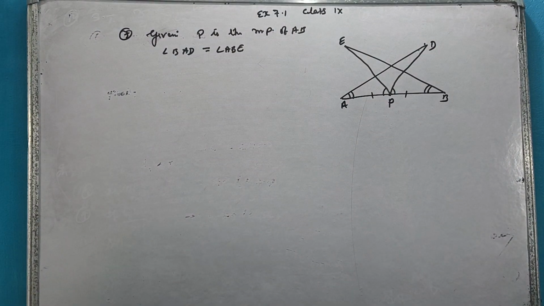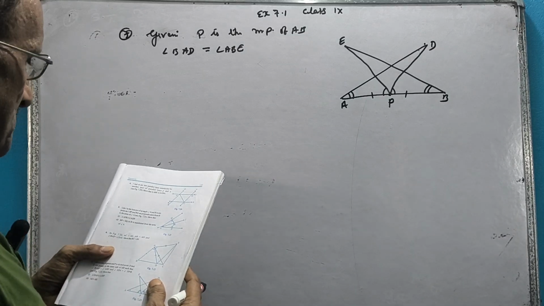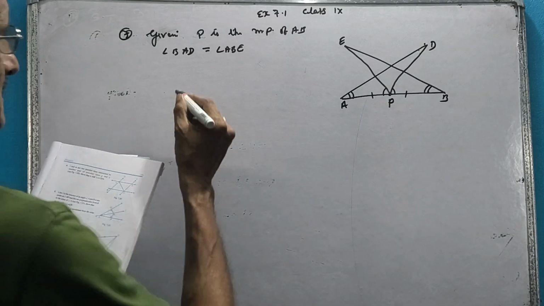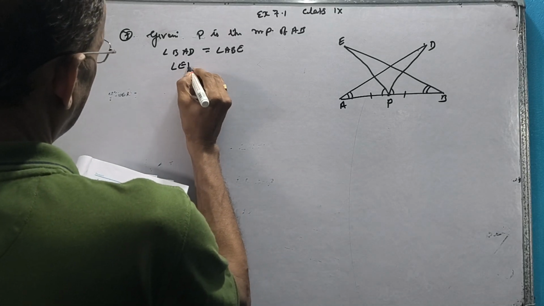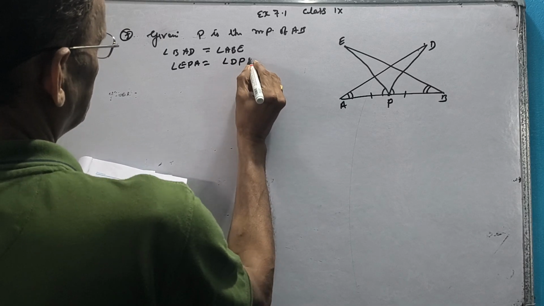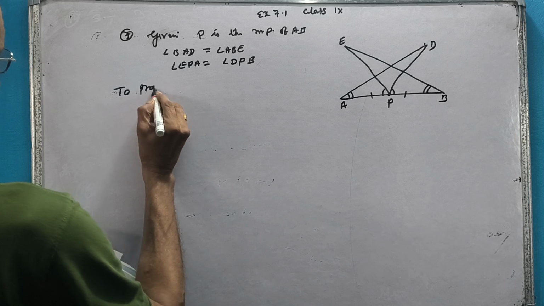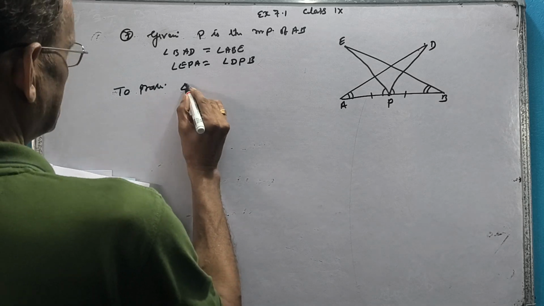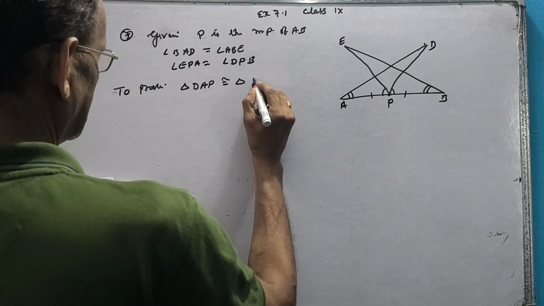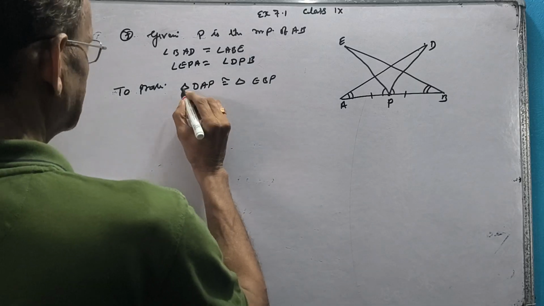Sorry, I will check the camera, it's okay. BAD equal to angle ABE. Then angle EPA is equal to angle DPB. This is given. Then we need to prove triangle DAP congruent to triangle EBP, and this is number 1.